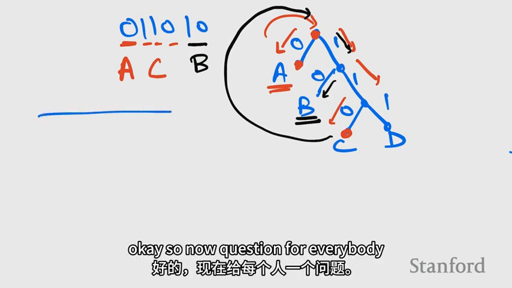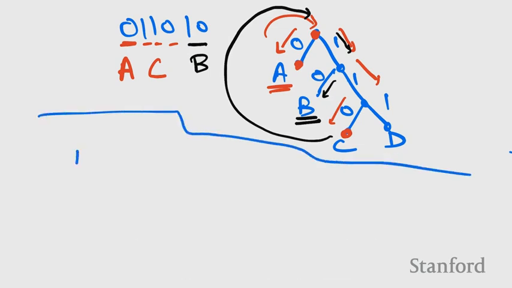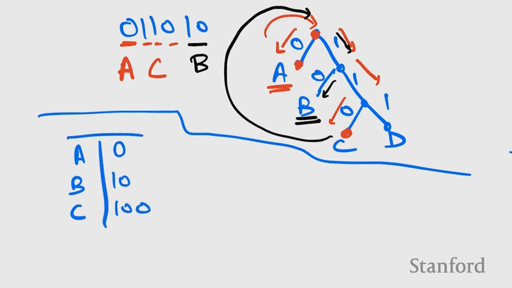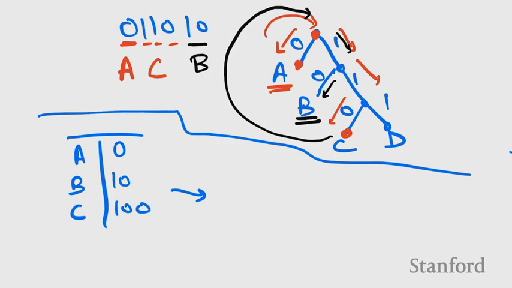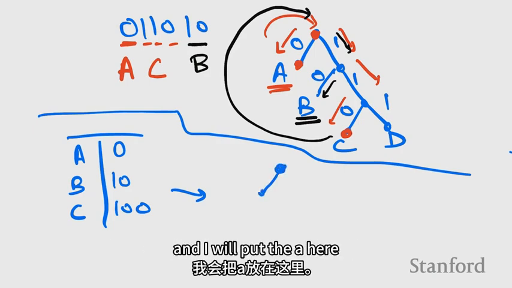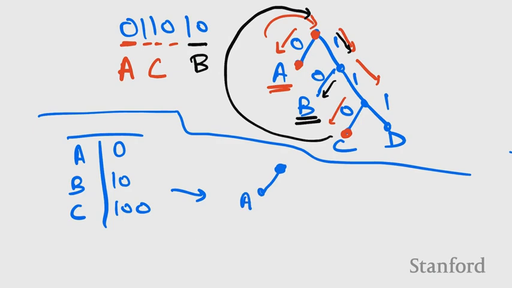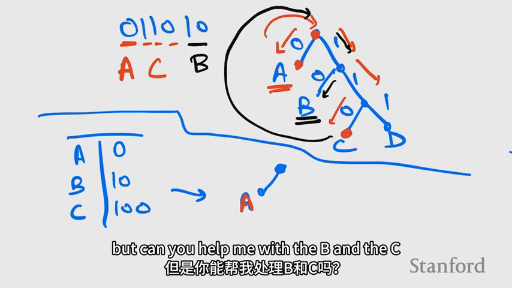Okay, so now a question for everybody. Please help me. I have this other code. Please help me make a tree out of this code. I will make the root for you, and I will put the A here. But can you help me with the B and the C?